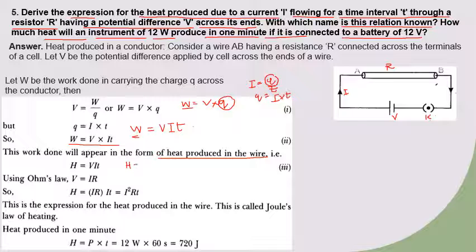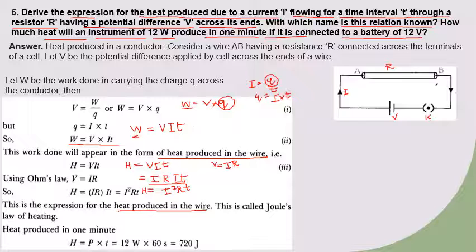So H is equal to V into I into T. Now from Ohm's law, we know that V, voltage, is equal to I into R. So I'll substitute the value of V over here, which is I into R, and then I T. Now if I simplify this, I'll get I square R into T. So H is equal to I square R into T.